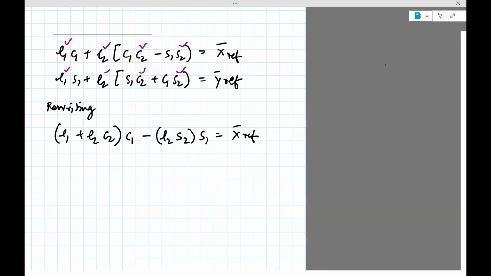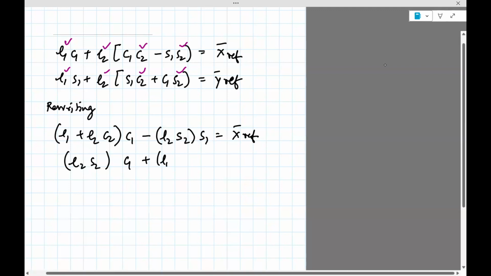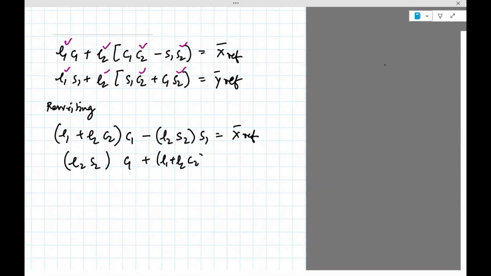And then the second one is L2 S2 times C1, plus (L1 plus L2 C2) times S1 equals.